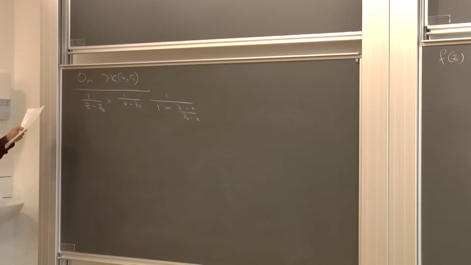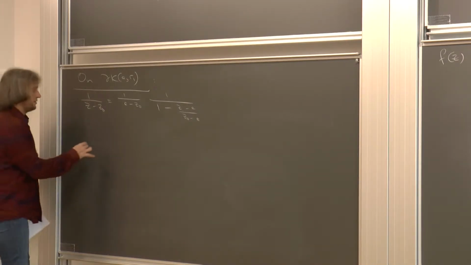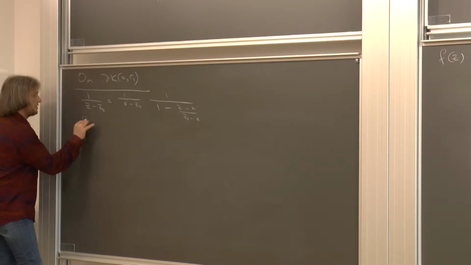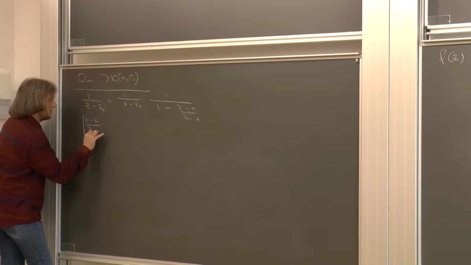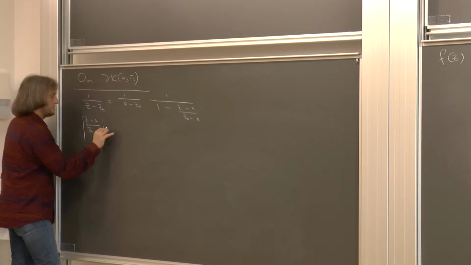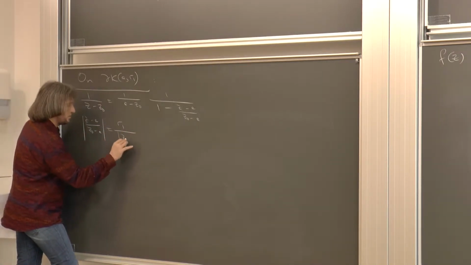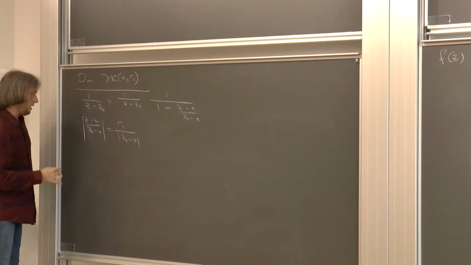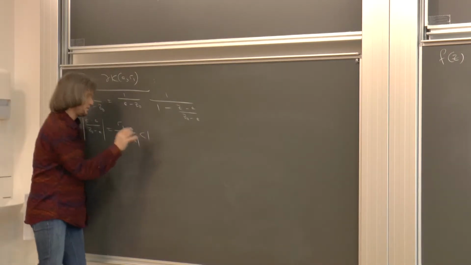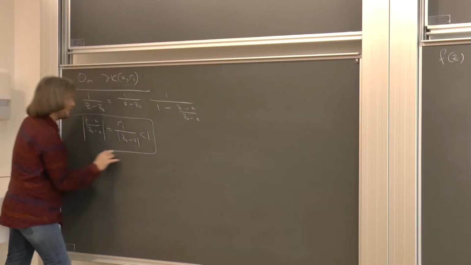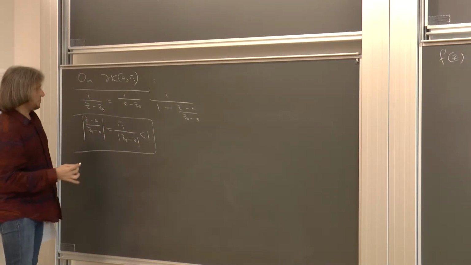So yeah, just remember that absolute value of z naught minus a is r1 over absolute value z naught minus a, and this is again less than 1, so we're allowed to expand. Let's expand.